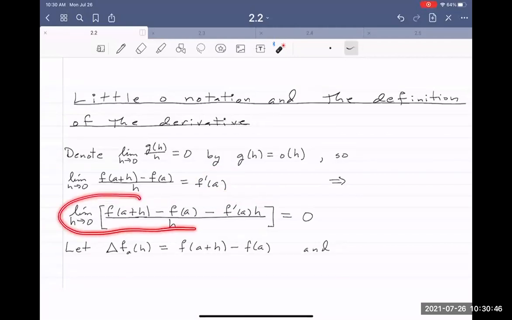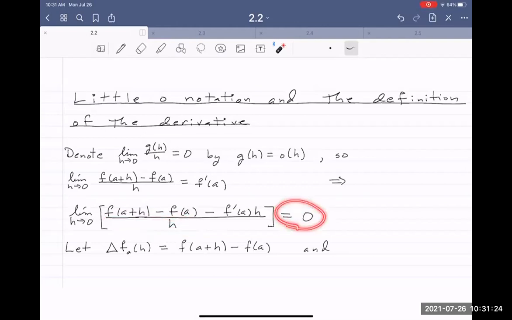Well, that's the same as subtracting f prime of a from both sides of my equation, using actually the equivalent forms for the limit. This is the same as the limit as h approaches 0 of f of a plus h minus f of a minus f prime at a times h, all divided by h equaling 0.